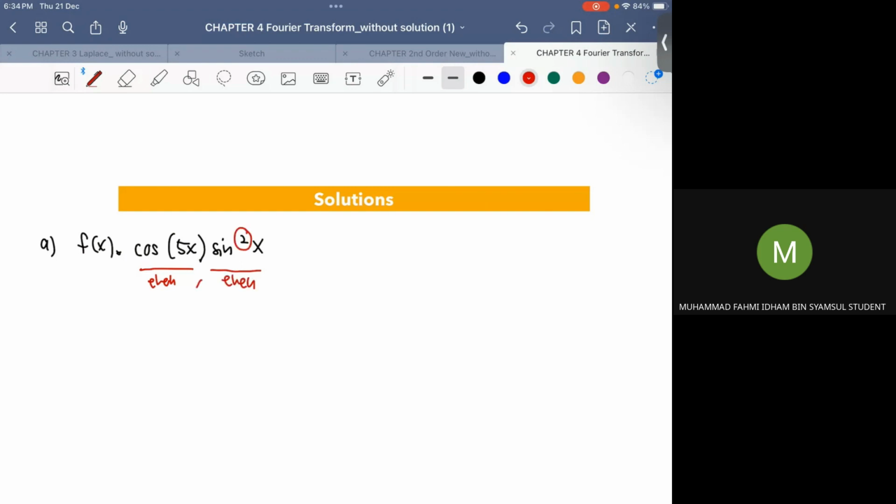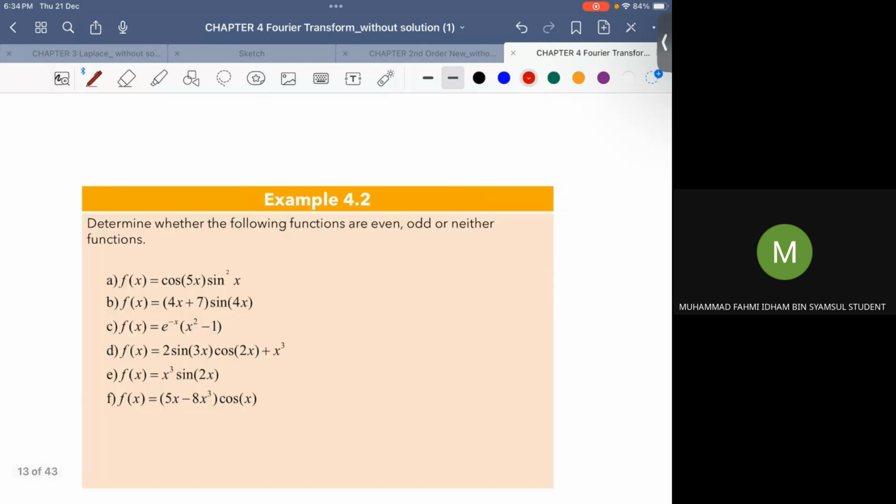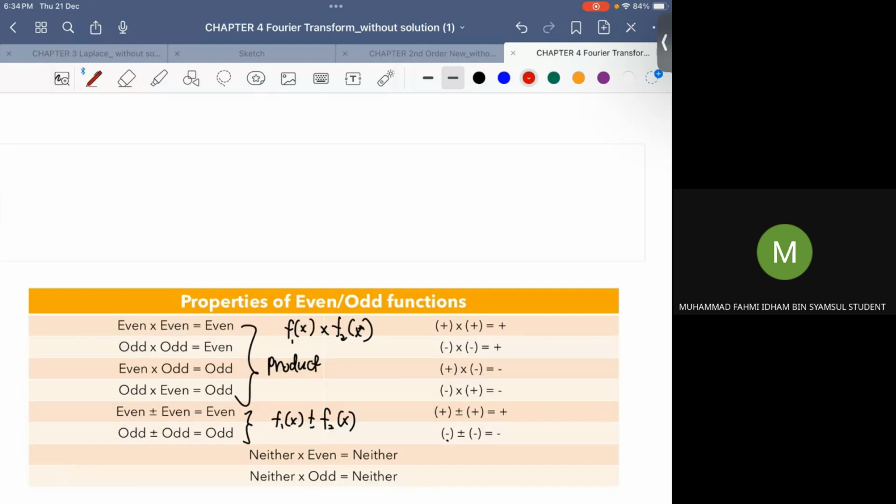So even function multiply even function, you will get even function. Following these properties, even multiply even, so you get even.